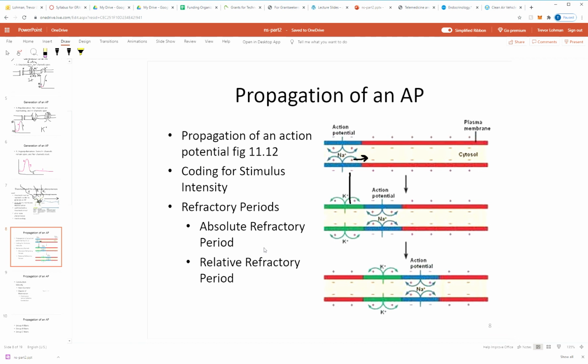Or how do you code for stimulus intensity? By varying action potential frequency. Or what would likely have a higher action potential frequency? Temperature is the easiest. So putting your hand in 50-degree water or 100-degree water. Well, 100-degree water would be a more intense stimulus to a temperature receptor.